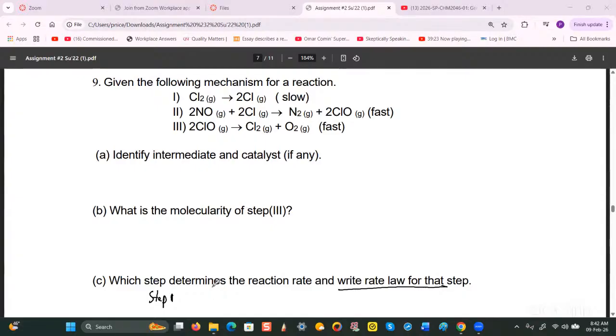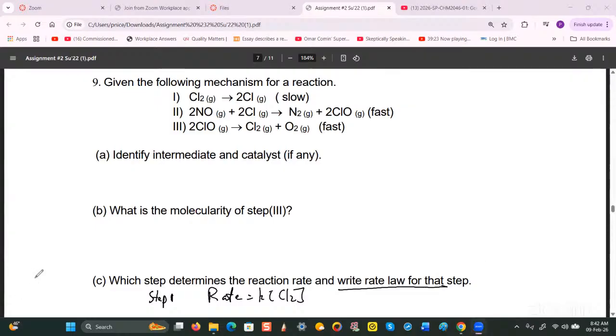Rate is equal to k times the concentration of Cl2. Somebody's saying something in the chat. I don't know if they're saying the same thing. Yes, okay, that is correct.